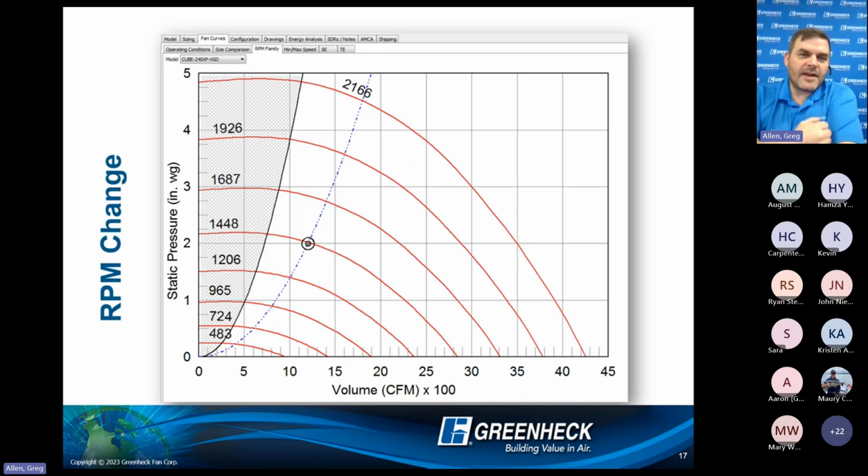So here, this is just an RPM fan curve, right? One of the rules of how fan curves are made, and this makes sense if you go back to the fan laws: if you speed up or slow down a fan, you take the original fan curve and you just offset it parallel. It maintains the same shape. Now, where you interact with the system resistance curve changes, and you're going to have higher static pressure.